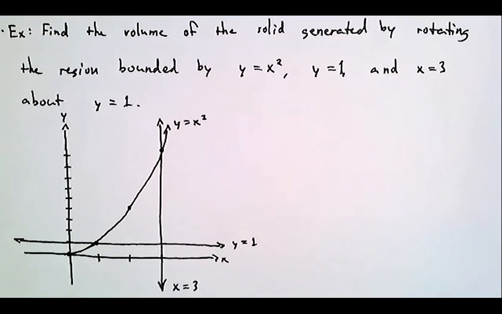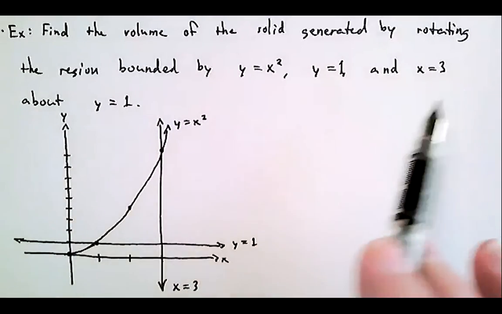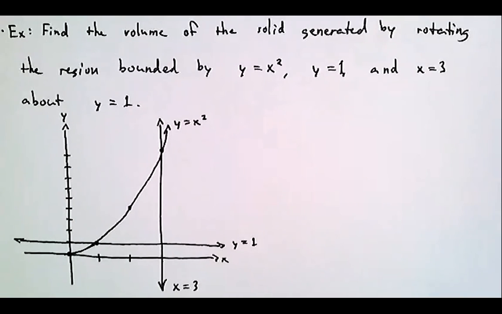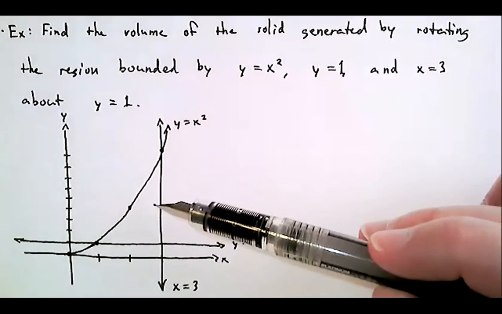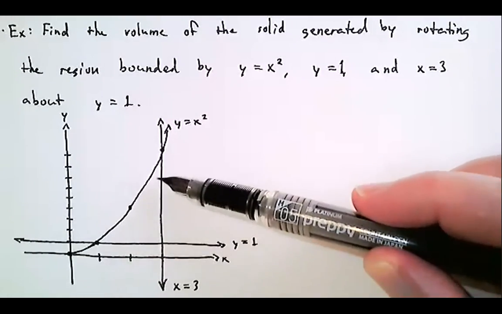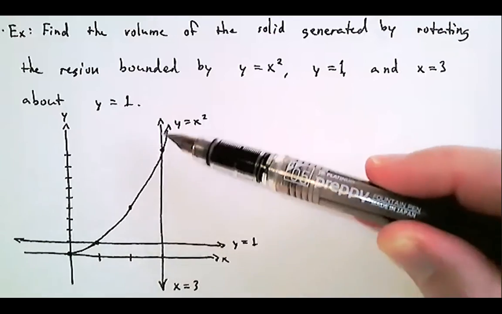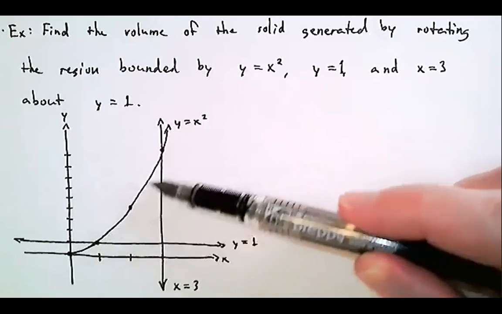Okay, so now that we've plotted the three curves that form the bounds of our region, we can see what region we're actually interested in. So it's here, this sort of triangular shape in between our two lines and our parabola.